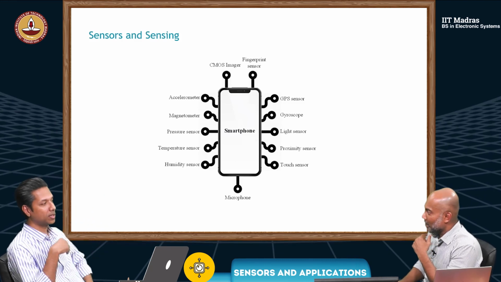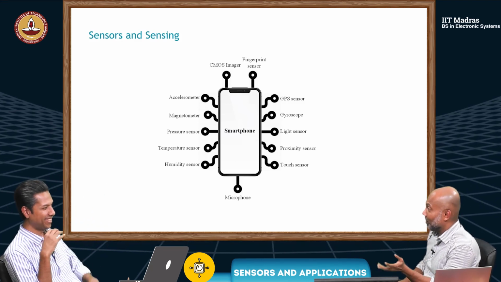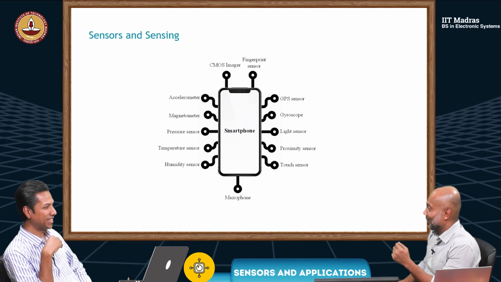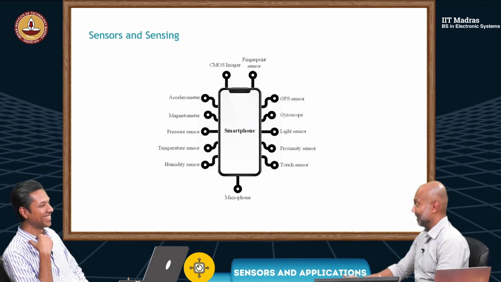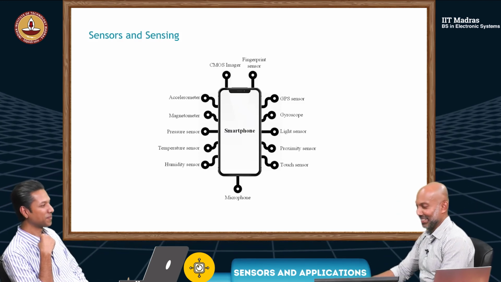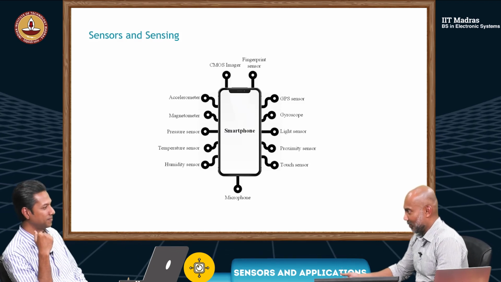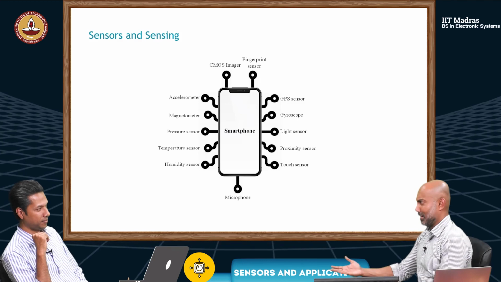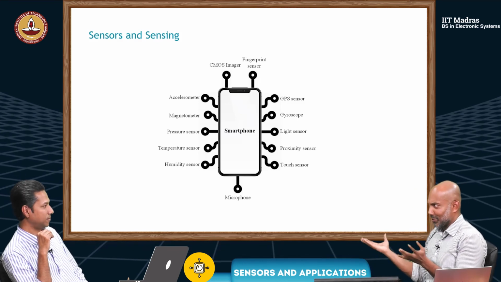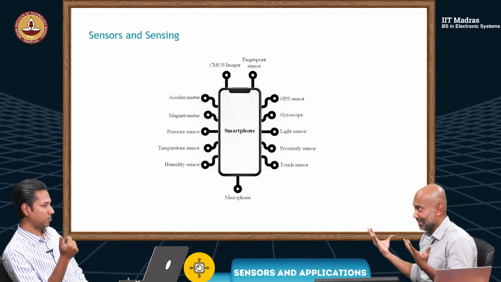So that's why this phone is smart. These sensors make it intelligent. Good point. If you don't have these sensors, then there's no intelligence there. Is it fair to say intelligence comes from sensors, because information comes from the sensors?